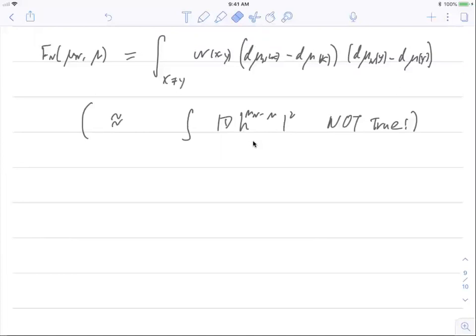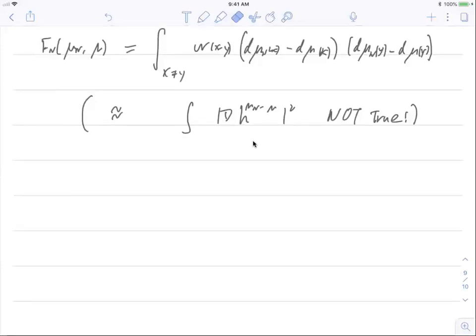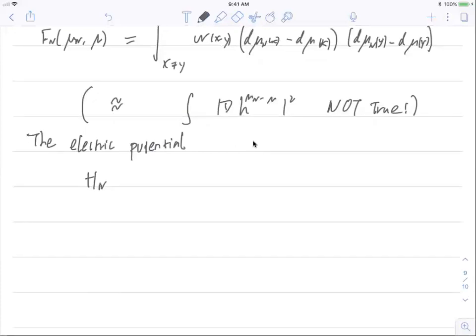Instead of considering the charges just as n points, she introduced some regularization, but these are intermediate interpretations. So the electric potential is the following: H_n(mu, X_n), using mu_n.